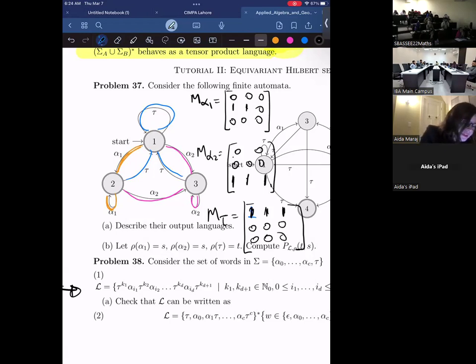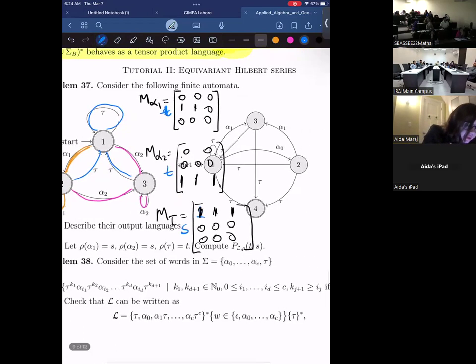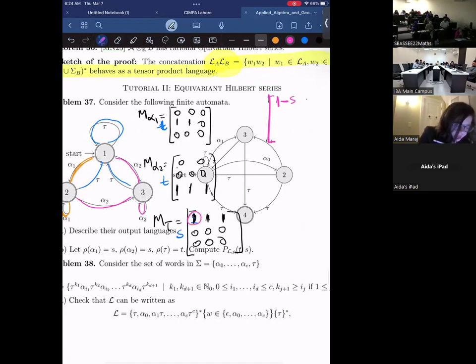And then you multiply this one by what? Tau of alpha 1 is S. Sorry, it's T, and S. You take the sum, you subtract it from the identity. And what do you get? It's going to be 1 minus S, and then minus S, because of this.